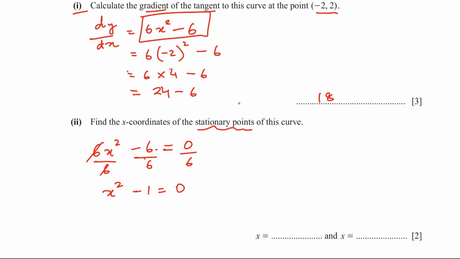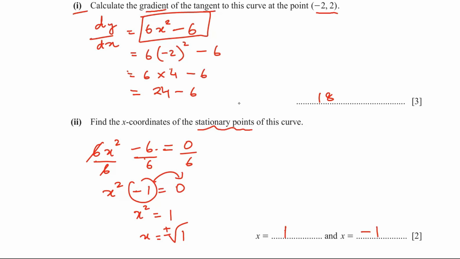So here we have x squared minus 1 equal to 0. Then x squared will be 1, because if you take this to the other side, and then x is equal to the square root of 1, which is positive or negative. Square root of 1 is 1, so it can be 1 or it can be minus 1.